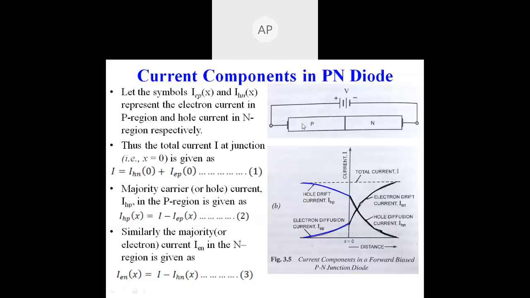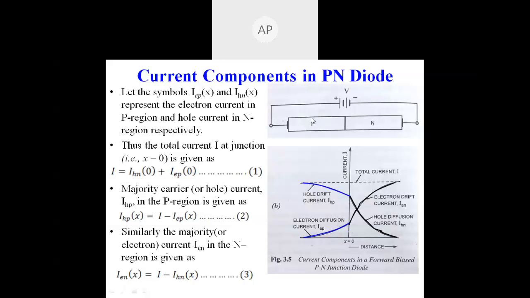These electrons will move from the N region to the P region. It's a movement of electrons. So what will the current movement be? The current movement will be from the P side to the N side, left to right. Now, what will be the movement of the holes? The majority holes move from the P side to the N side, again left to right.